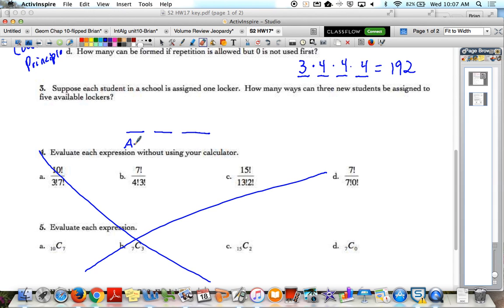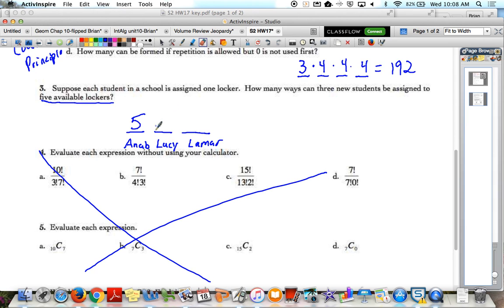So I've got Anab, and I've got Lucy, and I've got, let's see, let's go with Lamar. And so how many lockers are possible for Anab? Well, if there's 5 available lockers, that means there's 5 possibilities that I could assign Anab to any of those lockers, okay?